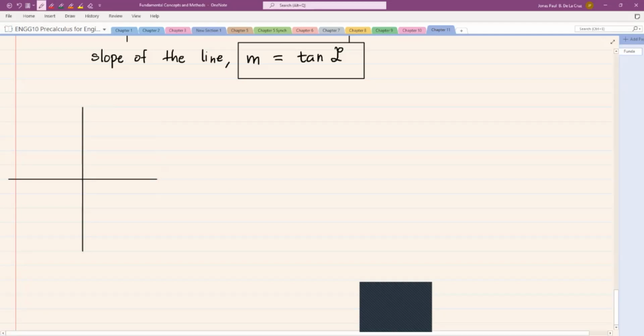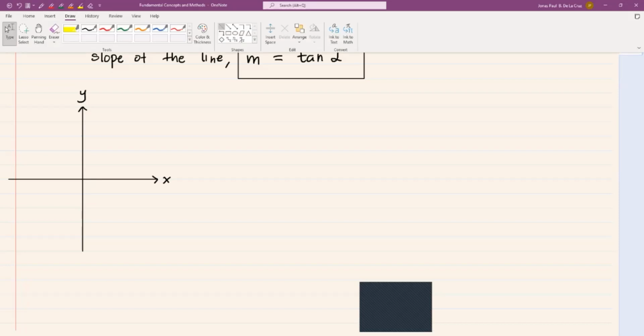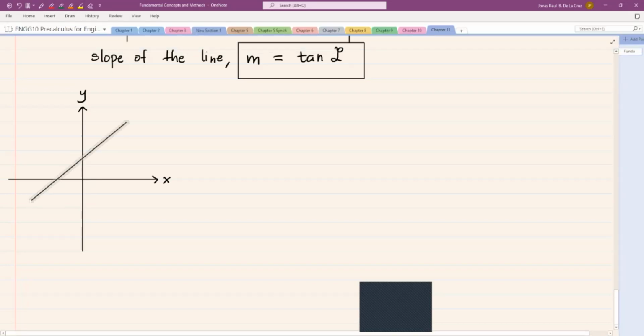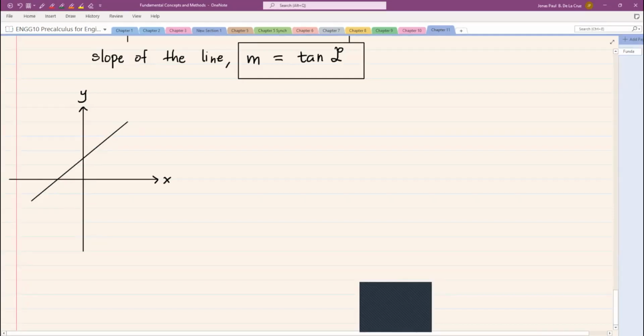Okay, so this is X, that's Y. Yeah. So the slope of this line, for example, we have P1 here with coordinates X1, Y1, and P2 with coordinates X2, Y2.